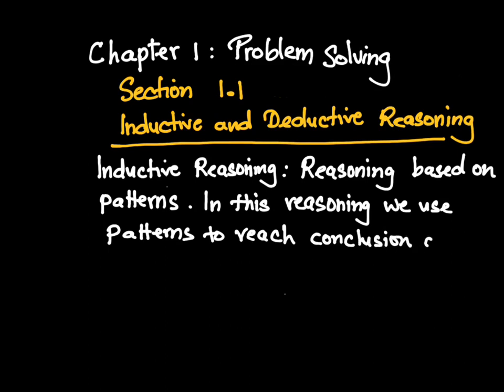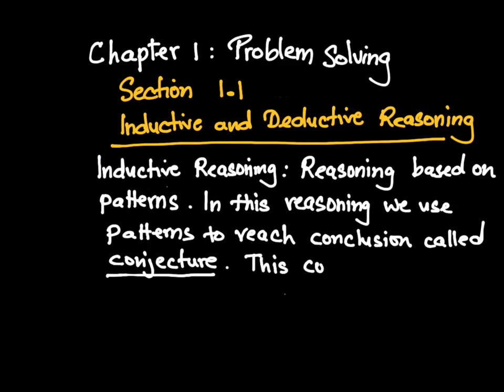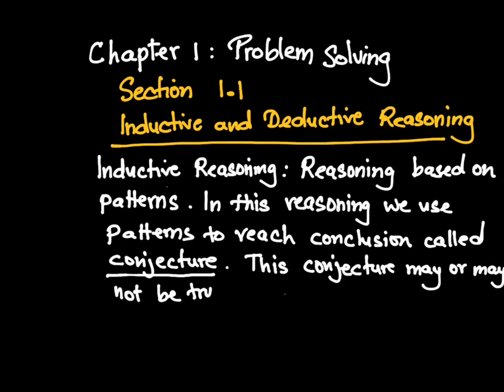So basically, to reach a conclusion, you're looking at the data, how it's going, and then you make a conclusion based on that, and that conclusion is called a conjecture. Now this conjecture can be either true or false. So it's not necessarily always true. It may or may not be true. All right. So the conclusion, another name for conclusion is conjecture.